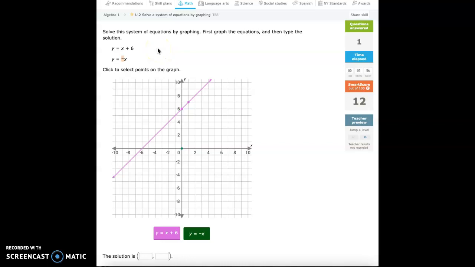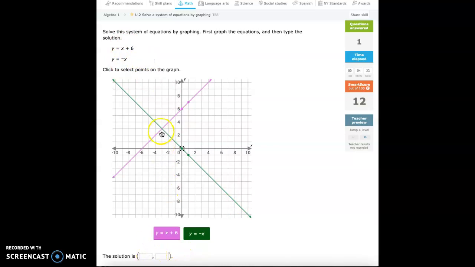The numerator, the top number of the fraction, tells you to go up or down. Because it's a -1, you go down 1. And then the bottom number, the denominator, always tells you to go to the right. So I go down 1, right 1. If you notice, the green line is going downward in a negative direction. That makes sense because our slope is negative.